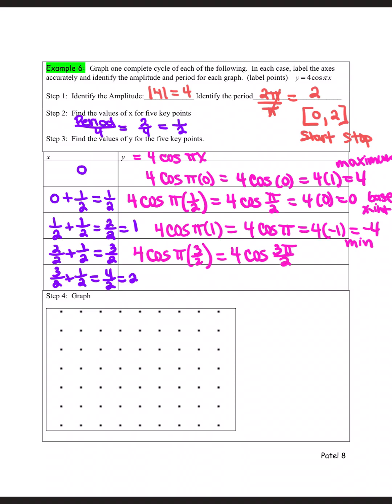Well, we know cosine of 3 pi over 2 is 0, and 4 times 0 is 0, so there's my base or my x-intercept again. Then we have 4 cosine of pi times 2, which is 2 pi. So we have 4 cosine of 2 pi, which is 1. So 4 times 1 is 4. So there's my max. So notice it started at max and ended at max.